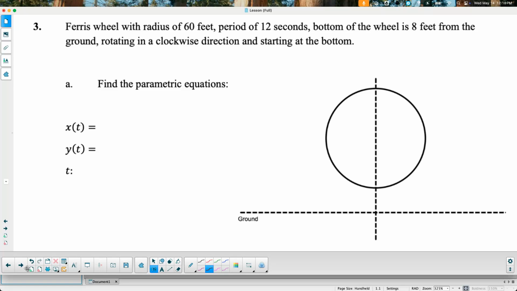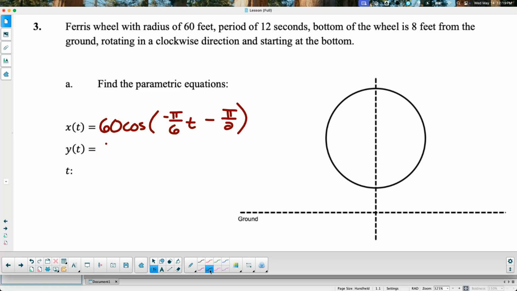So we should have gotten equations of, whoa, tap the brakes. We should have gotten equations of 60 cosine of negative pi over 6t minus pi over 2.